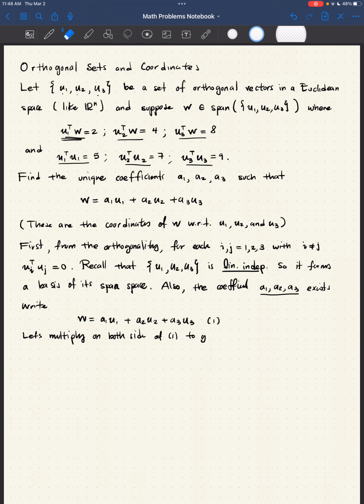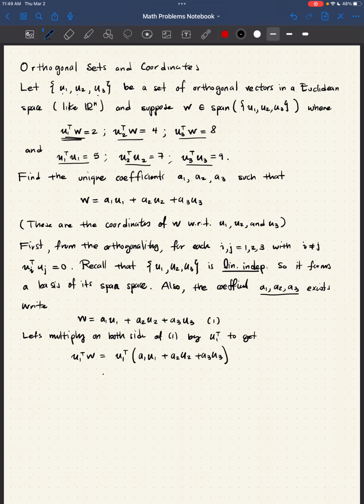We want to multiply on both sides of this equation by u1 transpose to get u1 transpose w is equal to u1 transpose times (a1 u1 plus a2 u2 plus a3 u3).